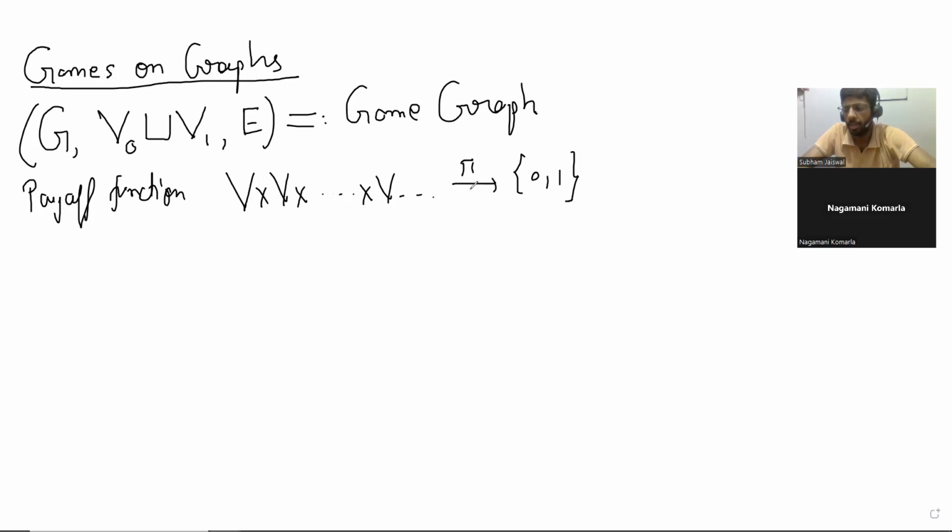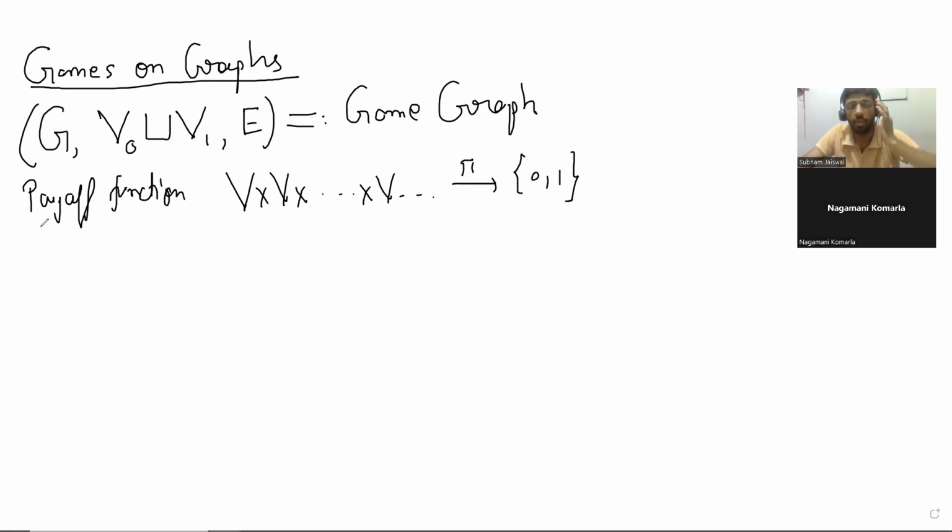Then we can define winning or losing in terms of this payoff function. We say that a run of the game is winning for player 1 if the payoff function returns 1. So that's the summary of the general setup.